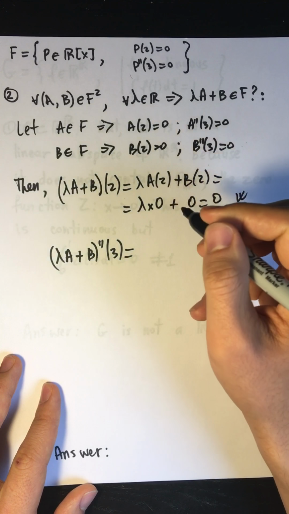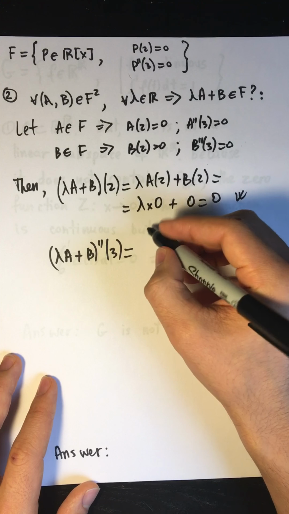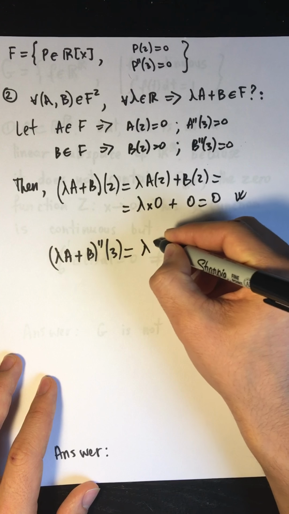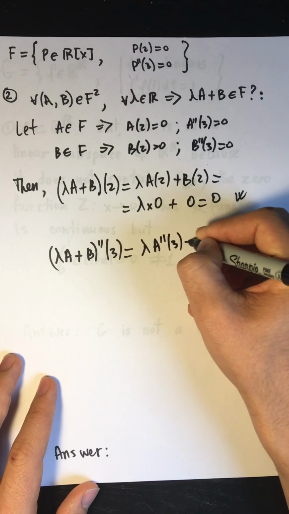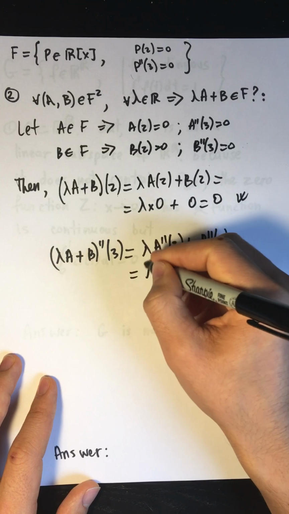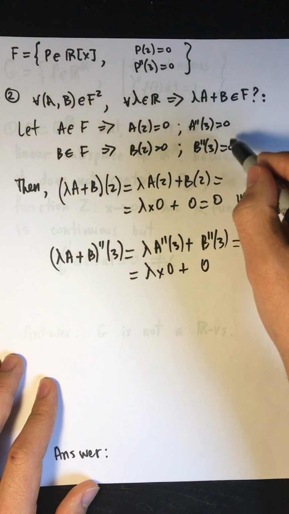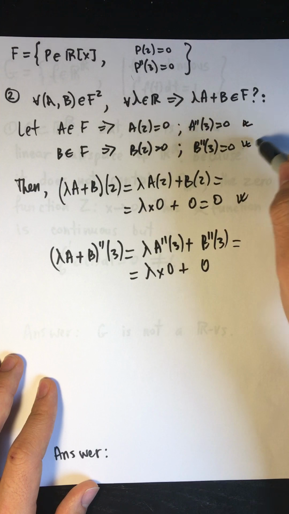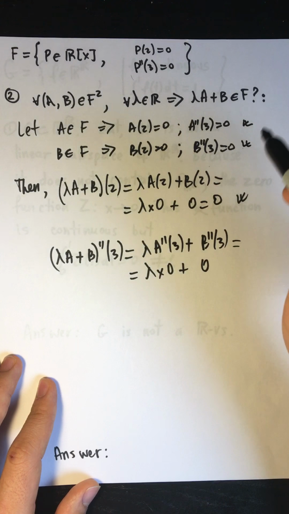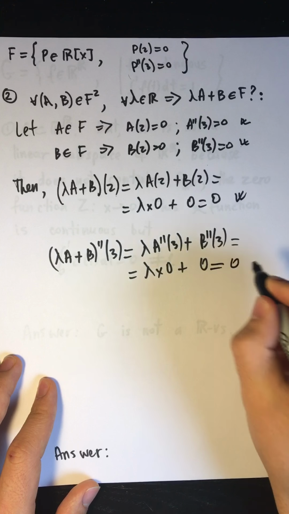So it's satisfied. Until here we're good. Then this is equal to lambda a''(3) plus b''(3), which is lambda times 0 plus 0, because we defined it that way. So this is equal to 0.